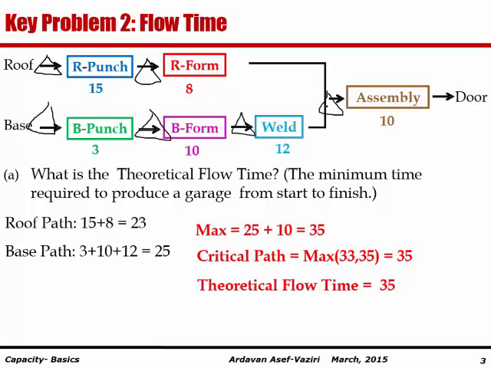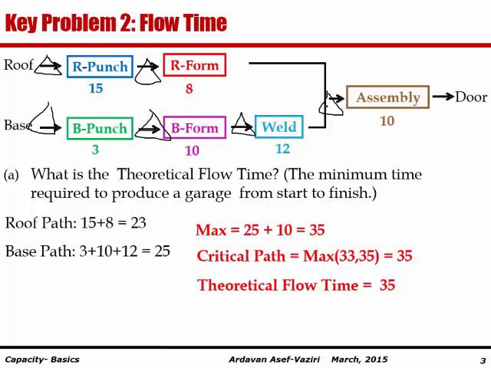Theoretical flow time is 35 minutes. Flow time may be 35 days. Maybe from the minute the parts come into this factory until the minute they become a finished product, there are 35 days.